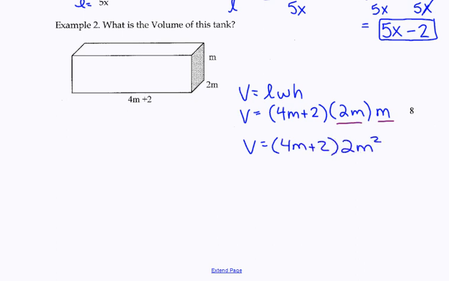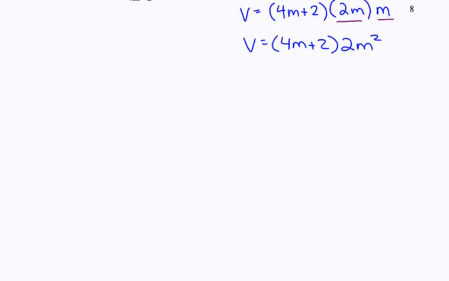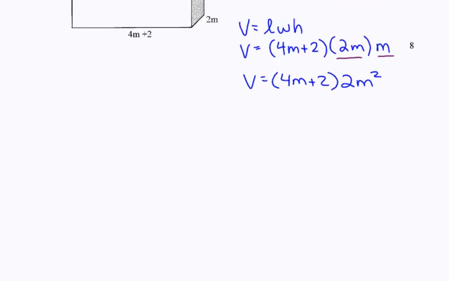Now what property could we use? Distributive law. So 4m times 2m squared: 4 times 2 is 8, m times m squared is m cubed, plus 2 times 2m squared is 4m squared. There's our volume.